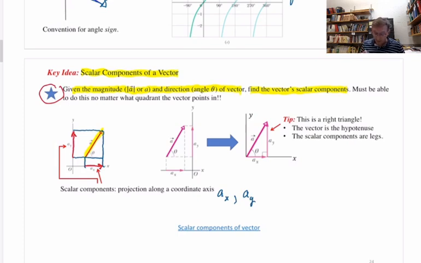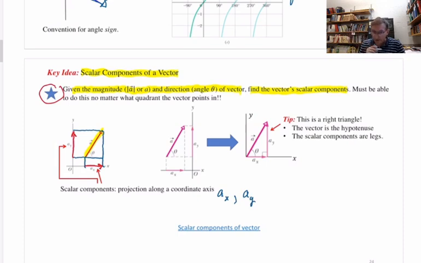All right, that's just a picture showing you what we mean when we talk about the scalar components of a vector. We mean the projections of the actual vector, the arrow, onto the respective axes. There's nothing sacred about where I drew this vector A. I drew it in the first quadrant, but I could have drawn an arrow with the same magnitude and direction, but lying in the second quadrant. That's the second picture here. And I can then still draw the projections along the x and y directions, and I'll get the same projections. If it's the same magnitude and the same direction, then that's all you have to know.